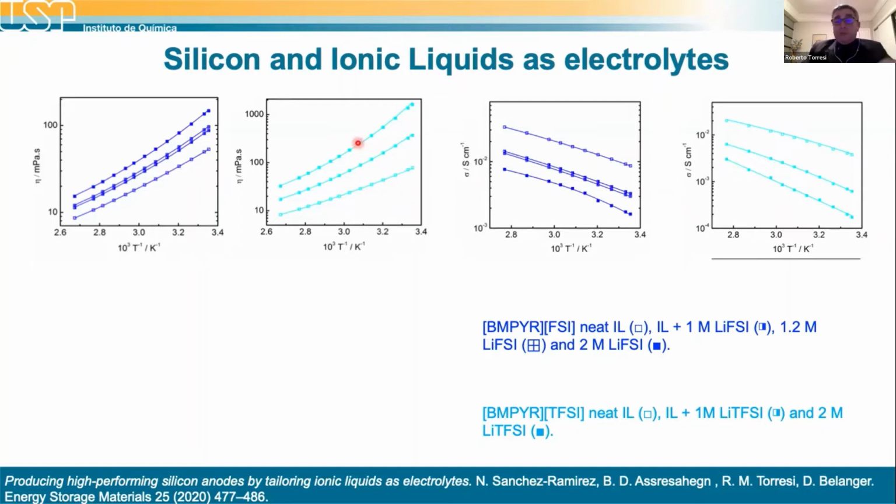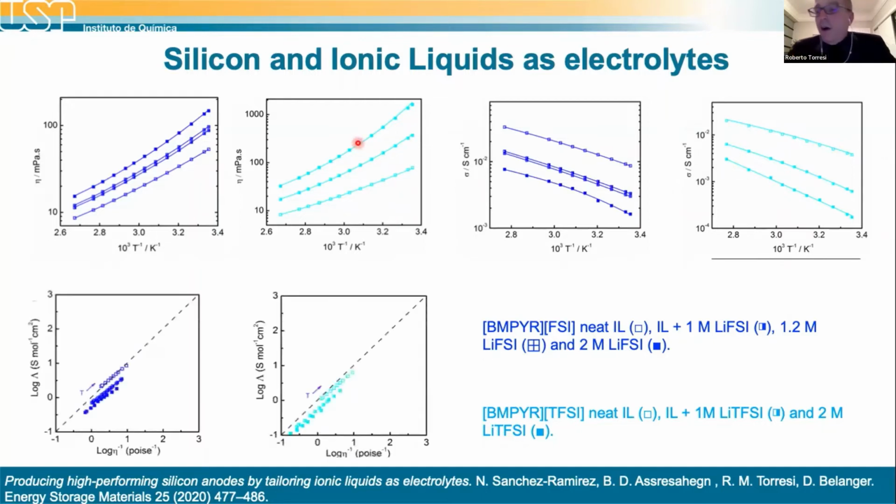You can put all this in a Walden plot. This is a theoretical line for a normal electrolyte, and this is what happened when you put the data for both ionic liquids, and of course it's always a little bit better in the case of FSI than TFSI.